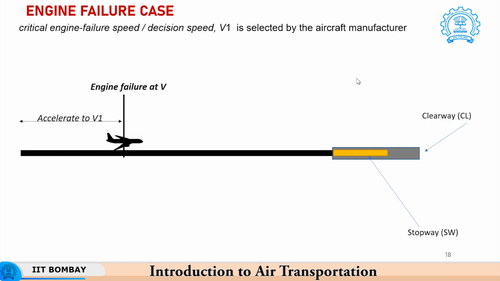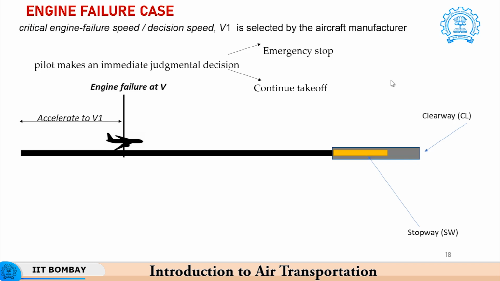So, he detects engine failure at this speed V. We are looking at a typical engine failure case where the aircraft starts its takeoff run and at some point it accelerates to a speed, and at that point there is an engine failure detected.